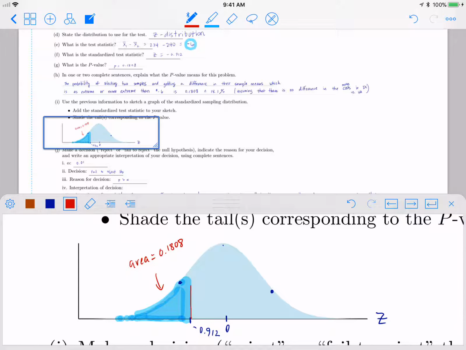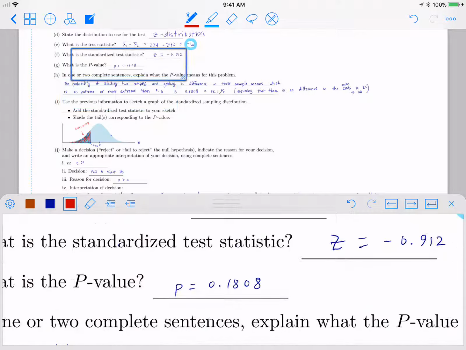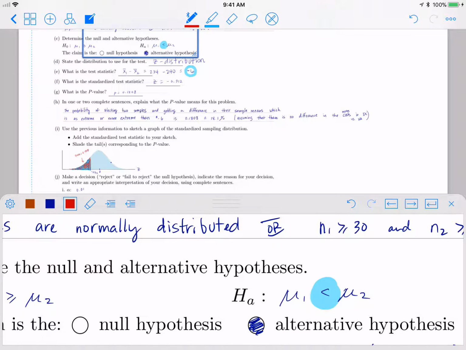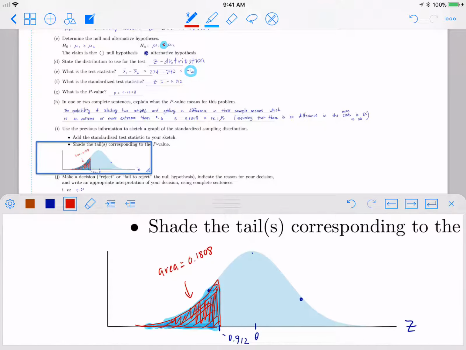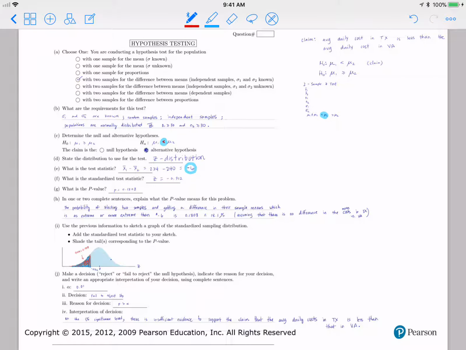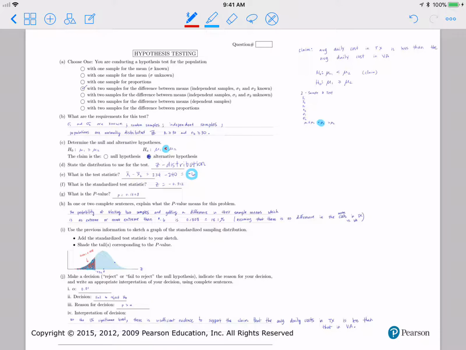So here's the area that we're shading. I only shaded this left part here because we have a left-tailed test. And how do I know we have a left-tailed test? I look at my alternative hypothesis. Since this includes a less than, we've got a left-tailed test. Okay, and we're done with this section.